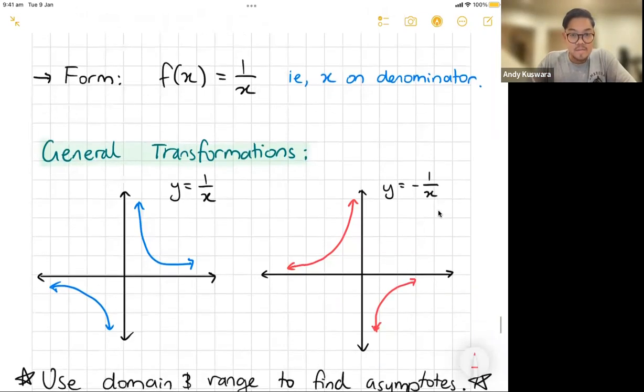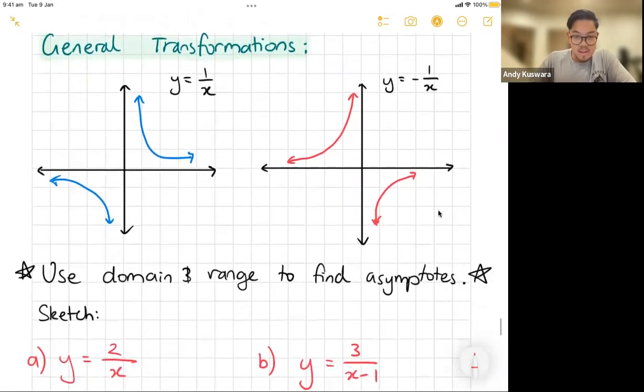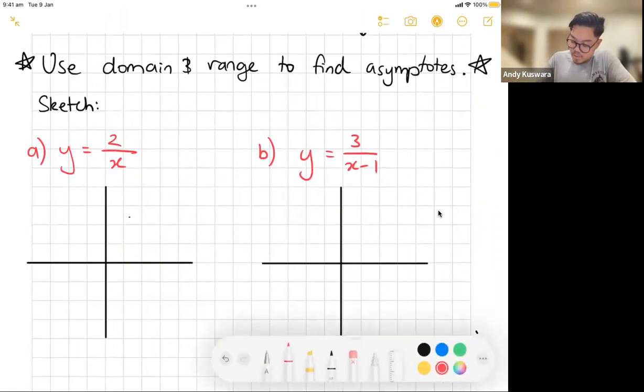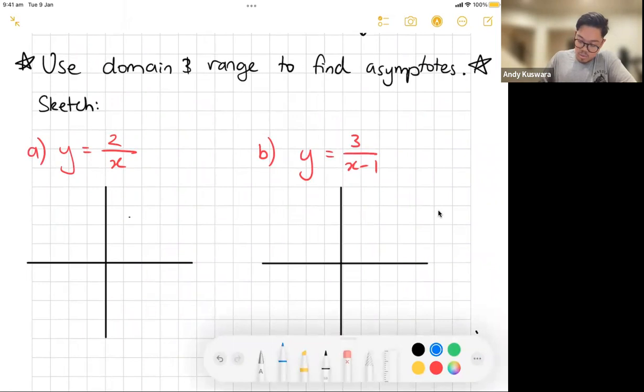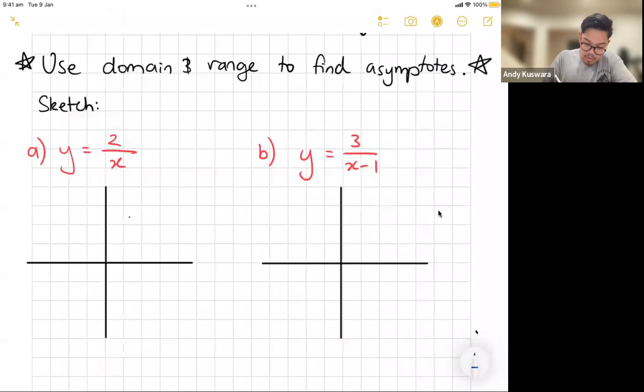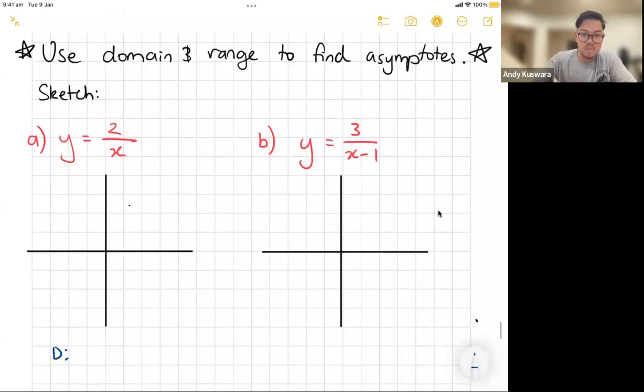Those are your general transformations, and then we will also look at how we move left, right, up, and down. Now, for these hyperbolas, the best way to sketch these out is to actually use the domain and range. They help us to find our asymptotes. So if I'm looking at this one here, let's talk about my domain and range. If I'm talking about domain for this guy, I'm talking about the x values, and I notice x is at the bottom of a fraction. That means x cannot equal 0.